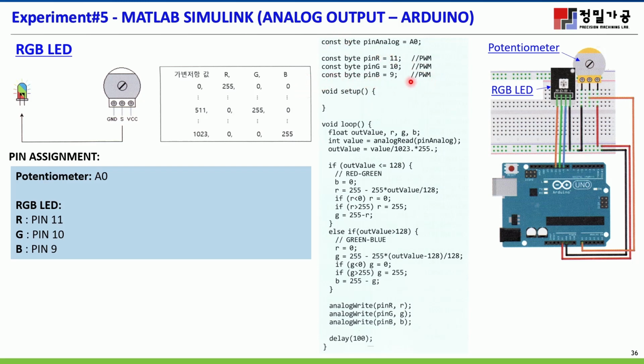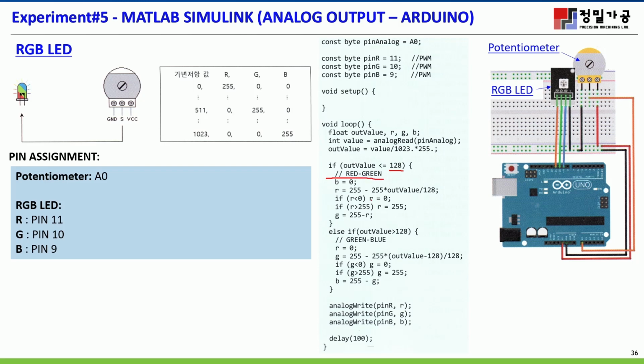nothing special. I don't explain this program, but basically we want to rotate the potentiometer. When the pulse width modulation value is less than or equal to 128, there is a combination color of red and green.